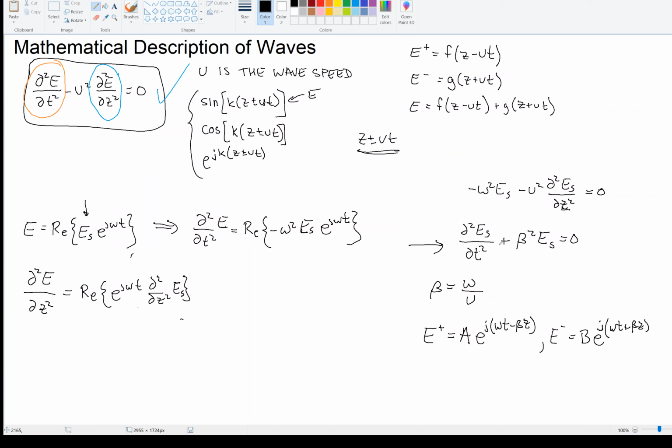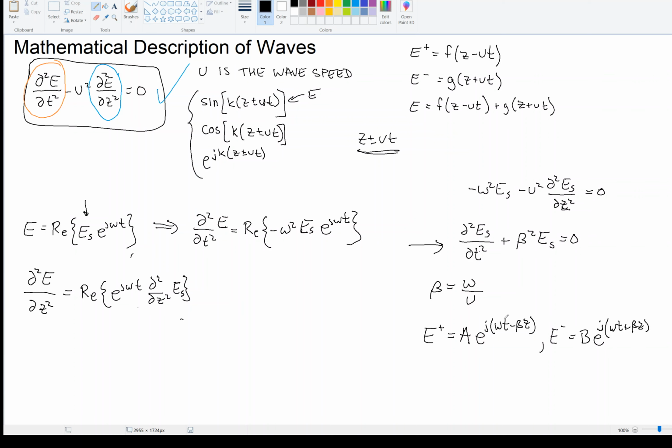But the reason is we have something E_s plus its second derivative gives you 0. So that if we put E_s on the other side, it's like saying E_s is equal to its second derivative. So what function do you know that when you take its second derivative, you get back the original function? That is actually a complex exponential.